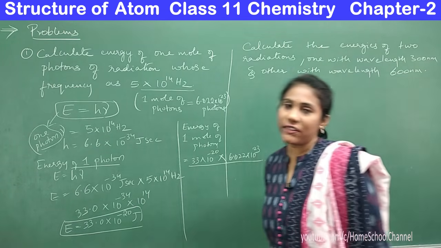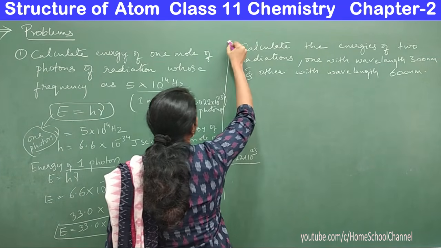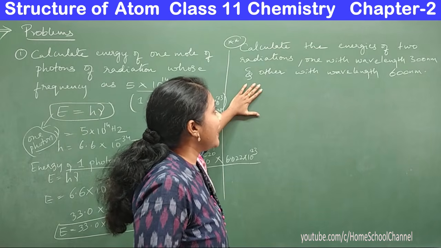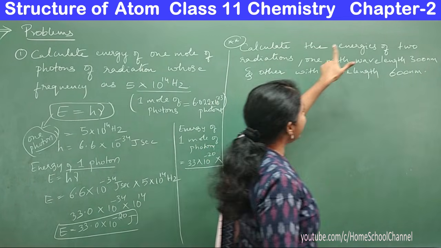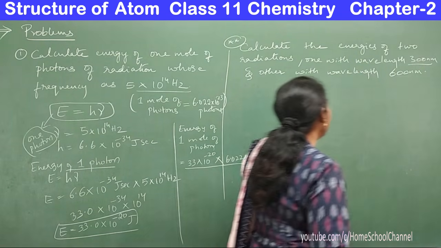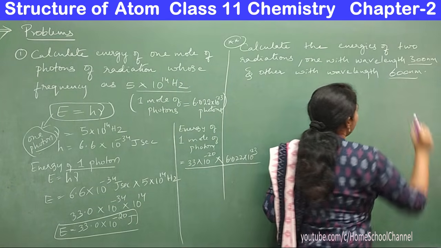It's a very direct question. And coming to the next question, this is a really very important type of model. Calculate the energies of two radiations. One radiation has a wavelength of 300 nanometer and the other radiation has a wavelength of 600 nanometer.